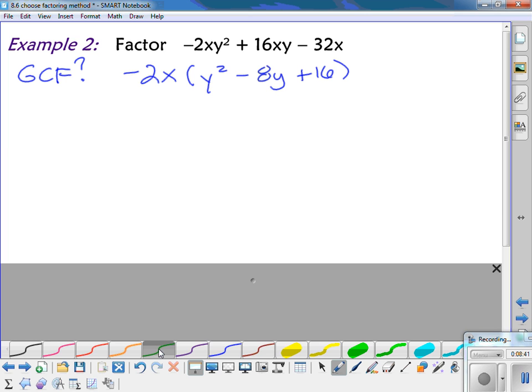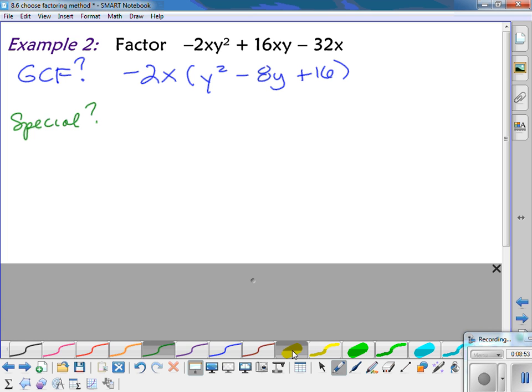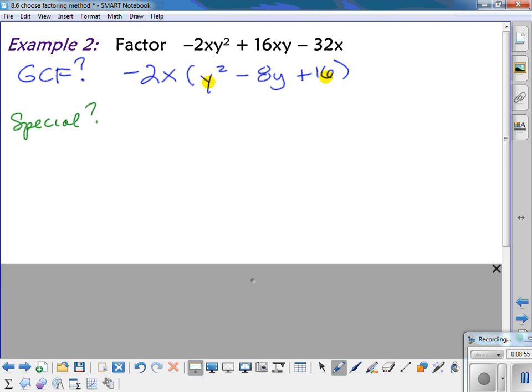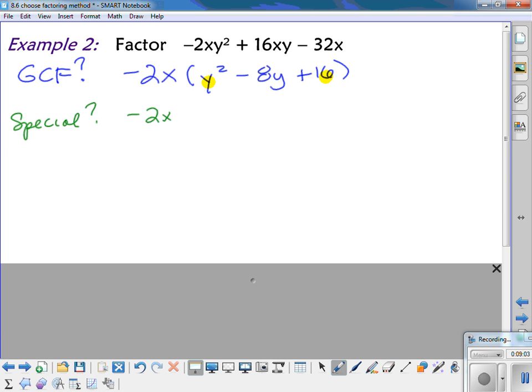All right, then the next thing I look for, is it a special product? So let's take a look inside of there. Do you guys remember how to figure out if it was a perfect square trinomial? We looked at the start and the finish. Are those perfect squares? All right, so then we should test it out and see. I'm going to leave the negative 2x out there because that's part of the answer. So let's see if y minus 4 times y minus 4 works.